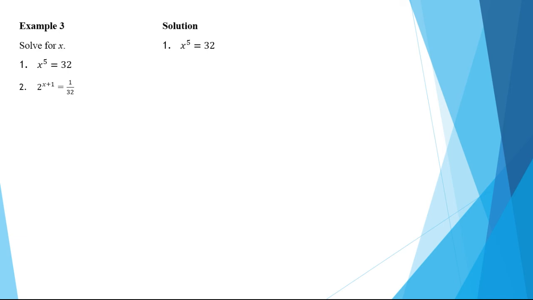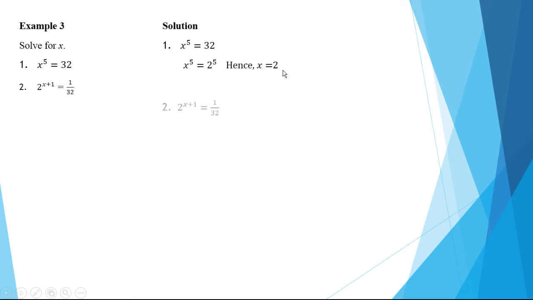So x^5 is equal to 2^5. Hence, x equals 2. What does this mean? The 2^5, that's how we get 32, because 2 can multiply itself 5 times to give us 32. Now if we compare these two, we'll see that the 5 and the 5 are the same. So the x and the 2 have to be the same. Hence x is equal to 2.